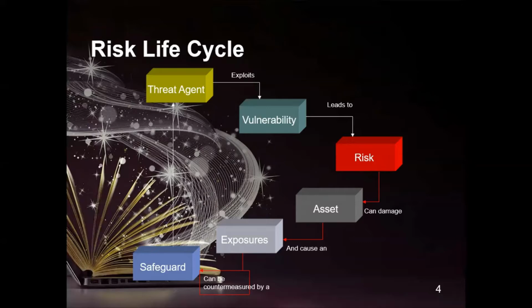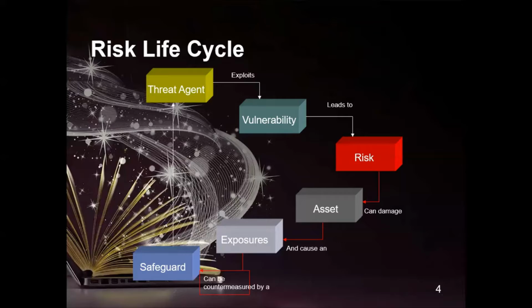When we have exposures or a risk, then it should be properly protected. This is called a safeguard. This is the total life cycle of the risk. It starts from identifying your threat. What could be the threat to your system? Then vulnerability identification.